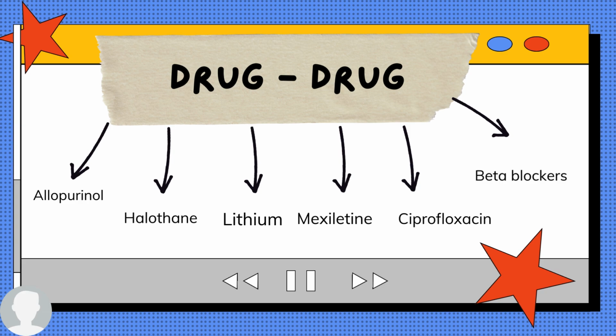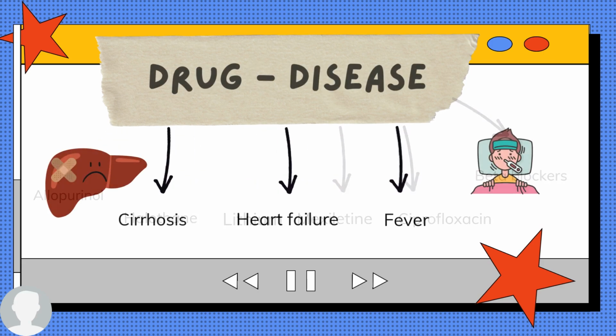When combined with these drugs, it leads to decreased theophylline clearance and elevated serum aminophylline levels that can lead to toxicity. Aminophylline also interacts with some diseases, which include liver cirrhosis, heart failure, fever, and others, which cause an increase in the mean half life, decreased drug clearance, and diminished elimination.